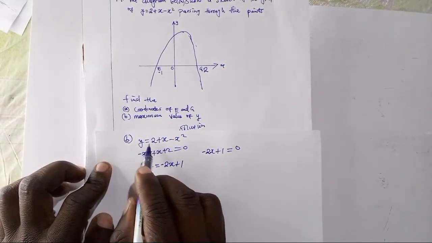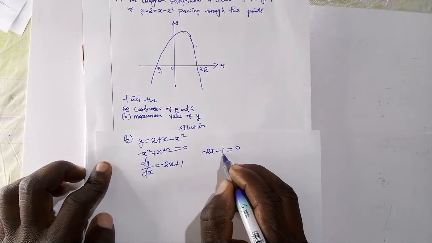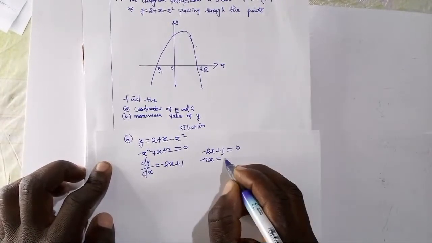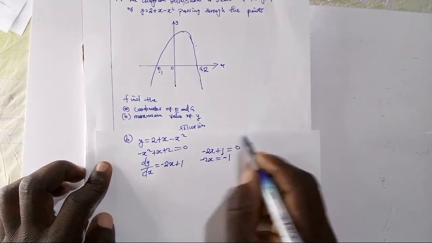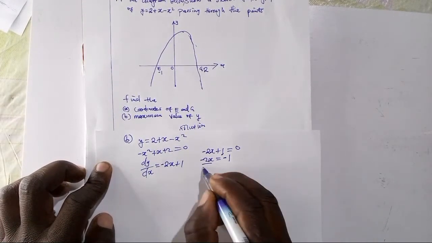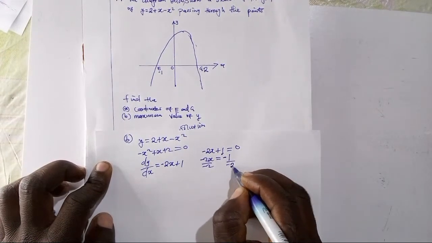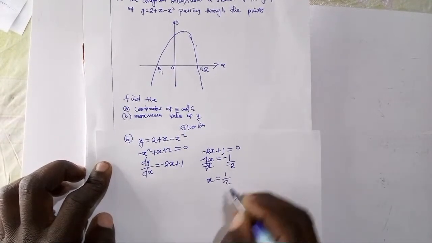Then you subtract 1 from both sides, so it will be minus 2x equals minus 1. Then you divide by minus 2 on both sides, which is x equals half.